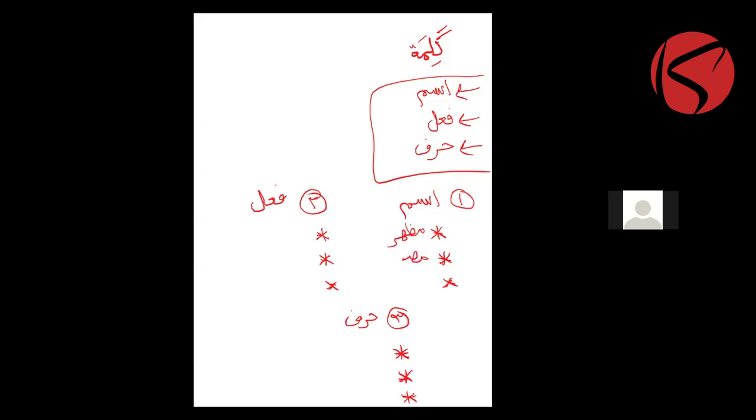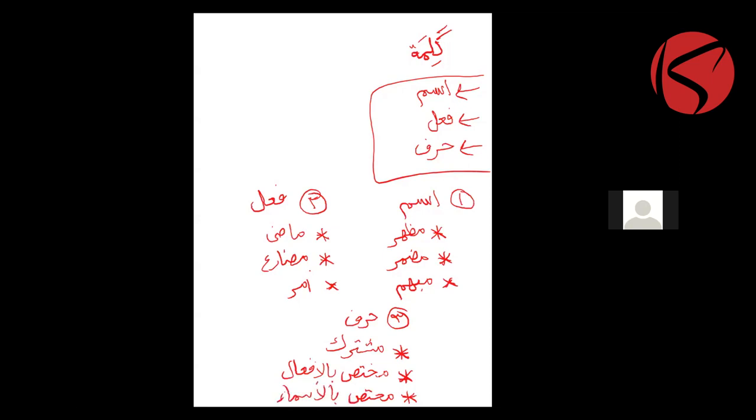Isim mudmar. Isim mubham. I'll explain what each one means. Madi, mudari', amr. Mushtarak, مختص بالأفعال and مختص بالأسماء.